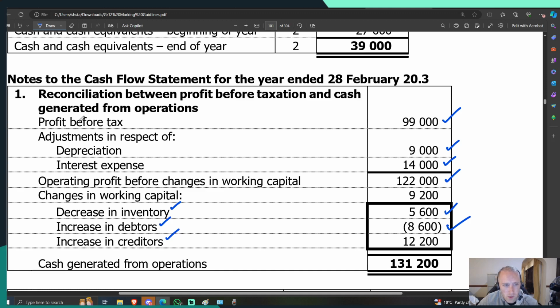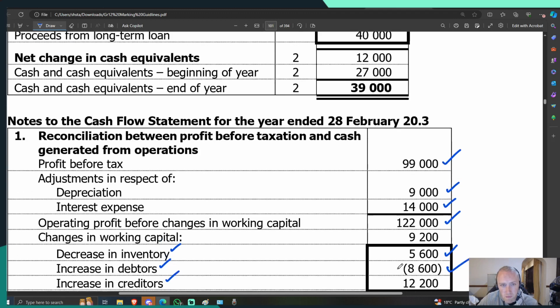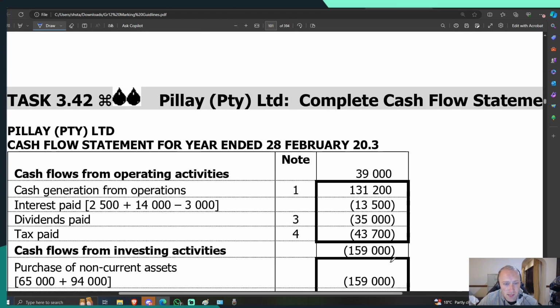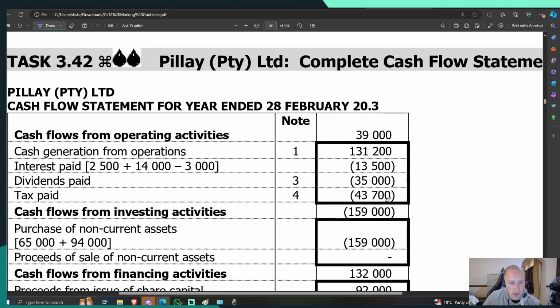Remember that after we've done this reconciliation note, this cash generated from operations figure will go into the cash flow statement. So it will go under the cash flows from operating activities. You see, there it is. Then, as separate lines, we have interest paid on borrowed funds, dividends paid, and taxes paid.